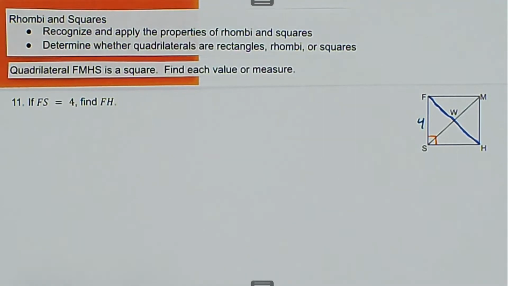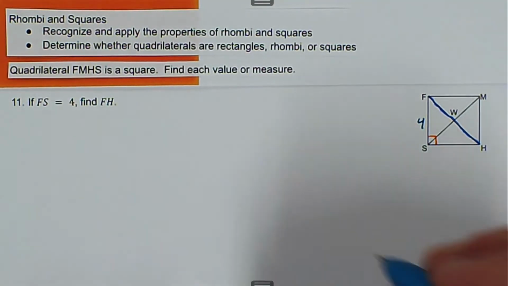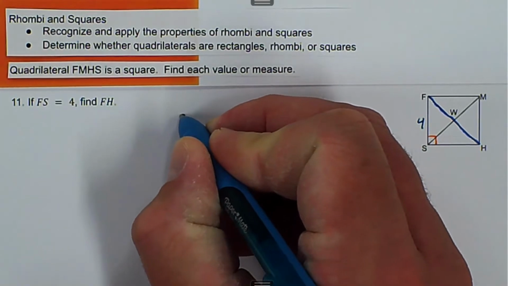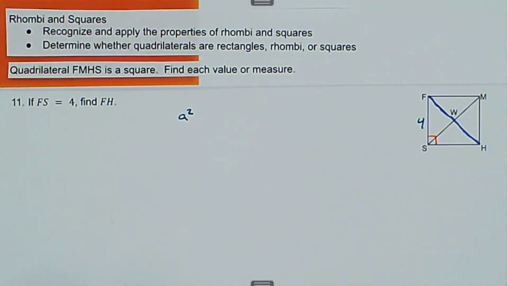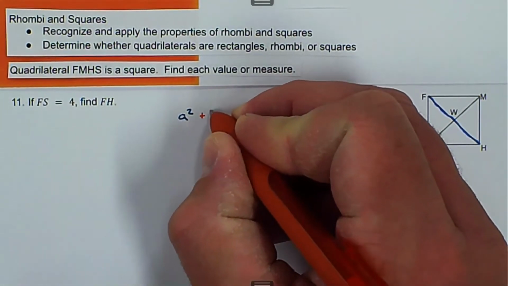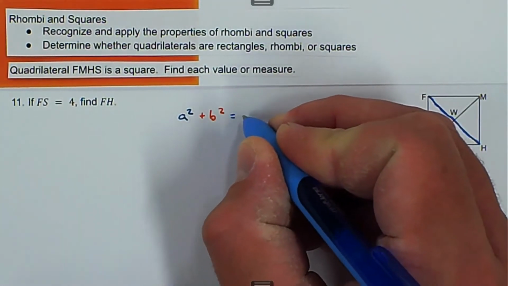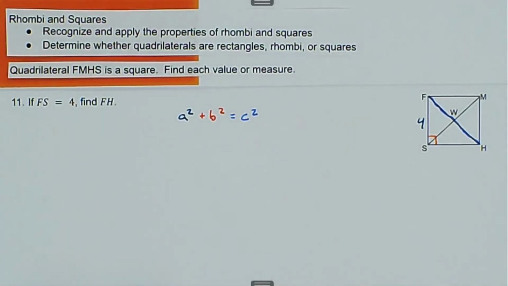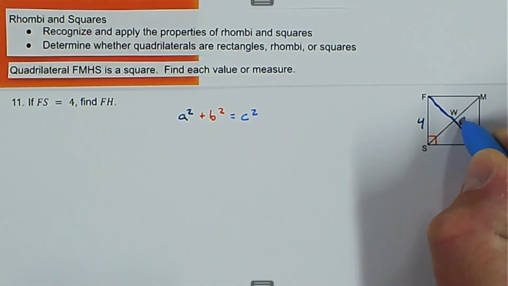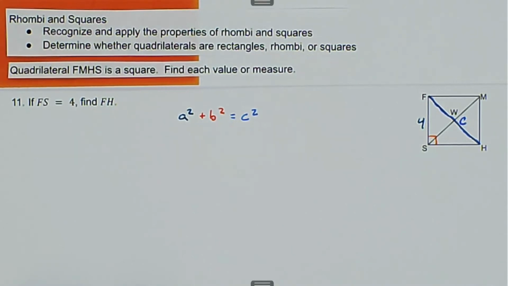In the Pythagorean theorem, we say that a squared plus b squared is equal to c squared. And then the hypotenuse is always c. So that is going to be FH.